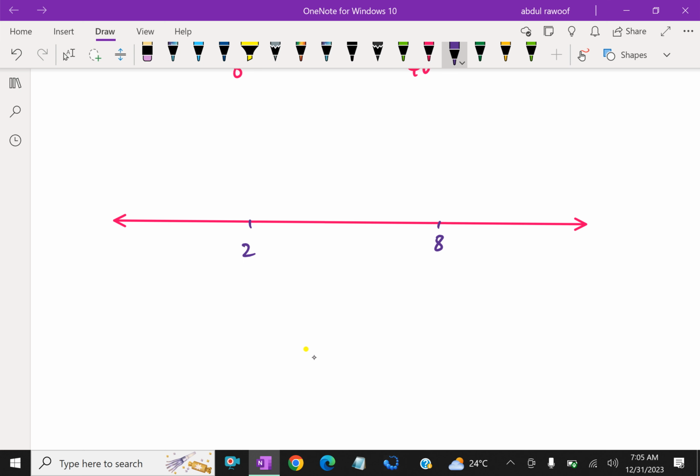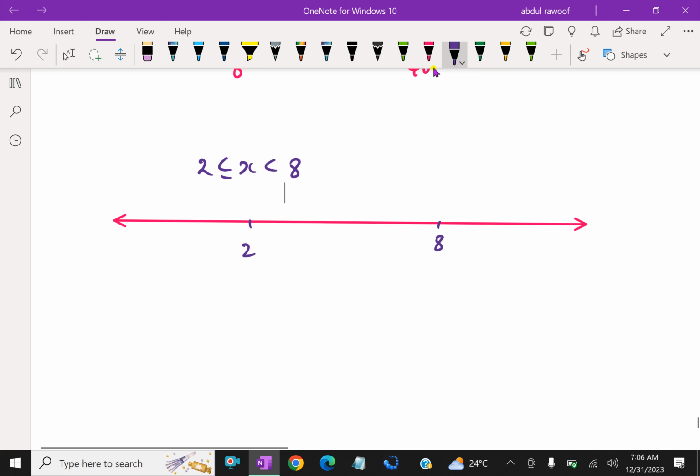So I have to give 2 is less than or equal to x, and x less than 8. How do we represent this inequality in this graph?